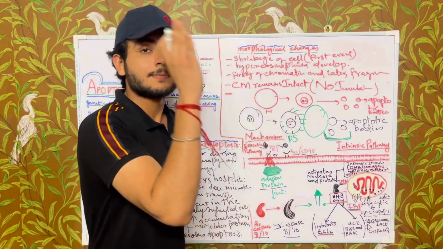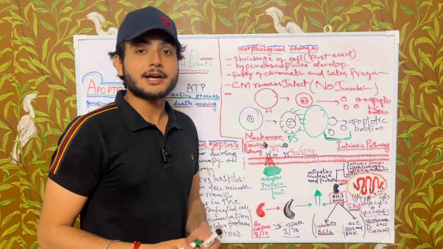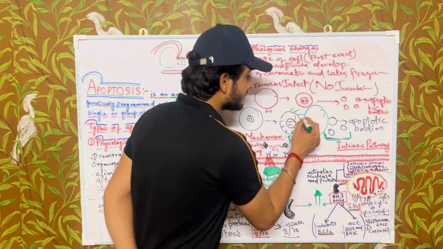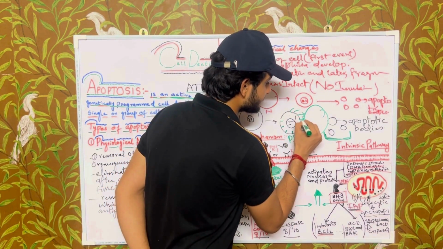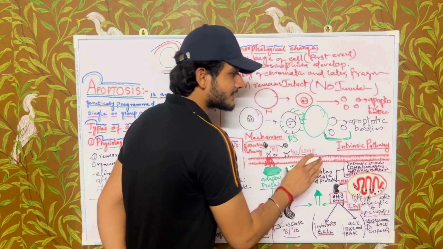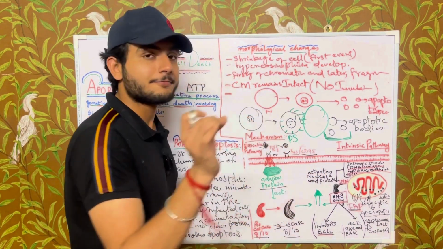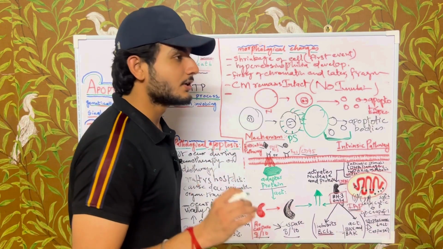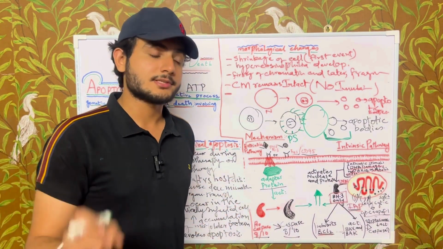These are the phagocytes in this case. The process by which this phagocytosis occurs is known as efferocytosis.